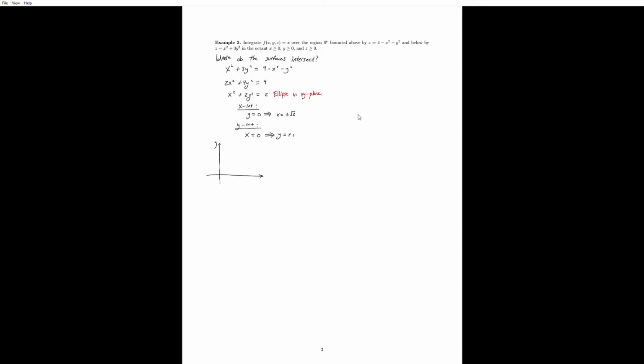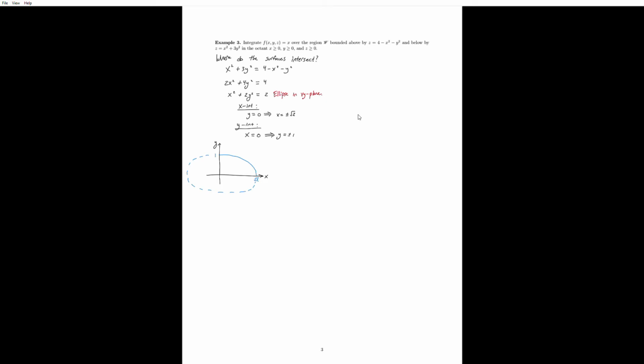The square root of 2 is a little bit bigger than 1, so we know that this ellipse must be elongated in the x direction. So we should have something like that. So there's our root 2, there's our 1. Now, for a moment, I'm going to imaginarily draw this other side here.